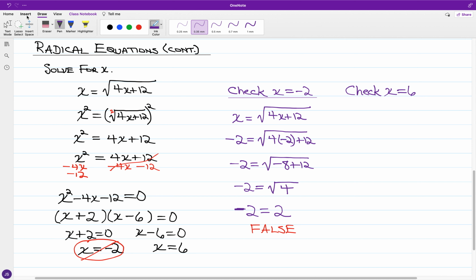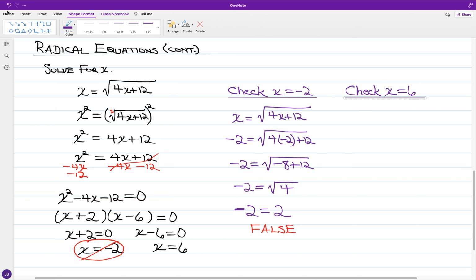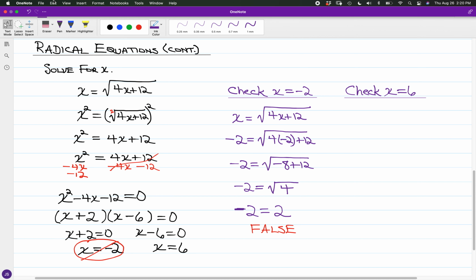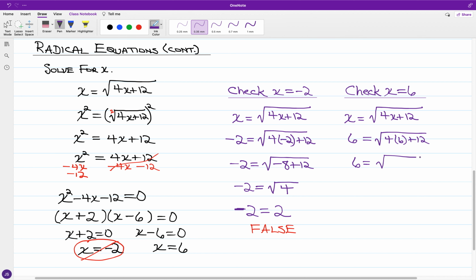If I check x equal to 6, going back to our equation, this time replacing x with 6, 6 is equal to the square root of 4 times 6 plus 12.